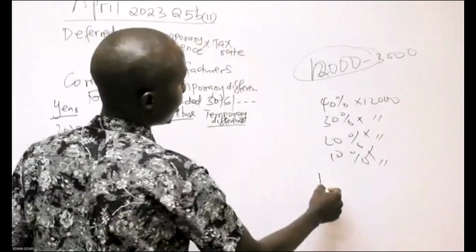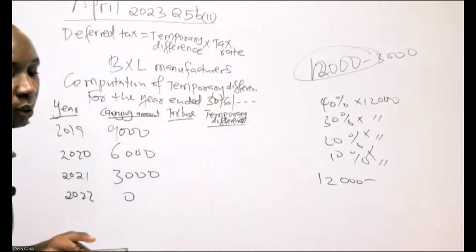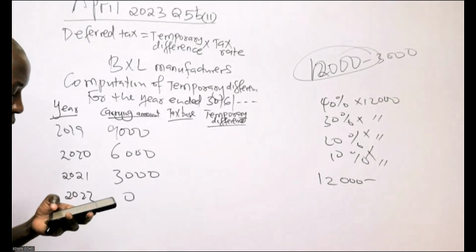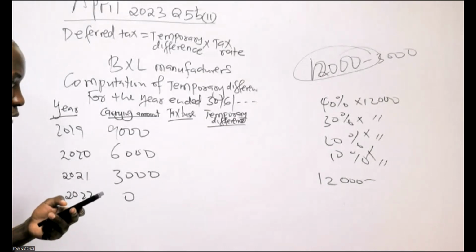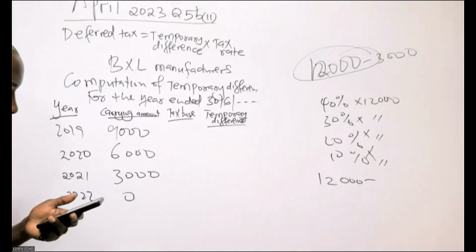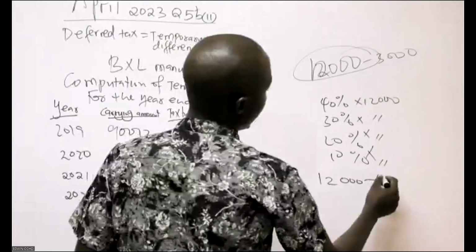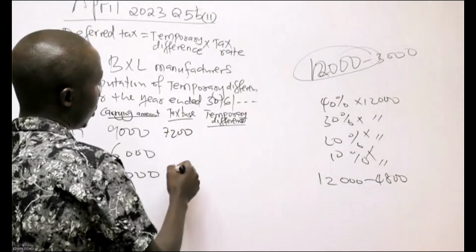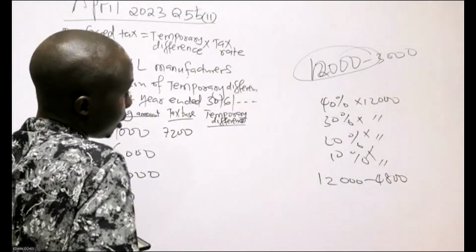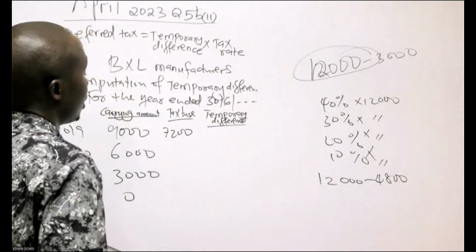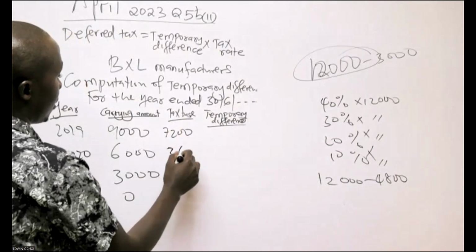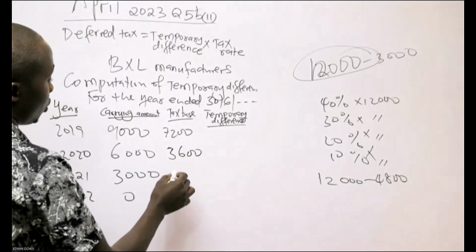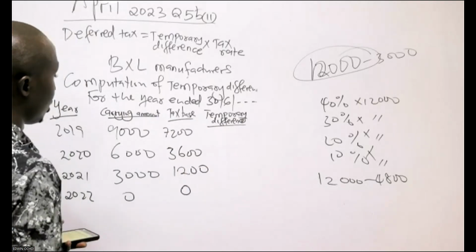So 12,000 minus the first allowance of 4,800 gives 7,200. 7,200 minus the second one of 3,600 gives 3,600. 3,600 minus the third one of 2,400 gives 1,200. And the last one is 0.